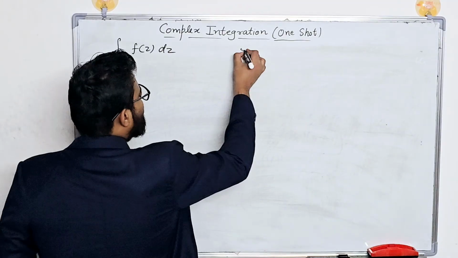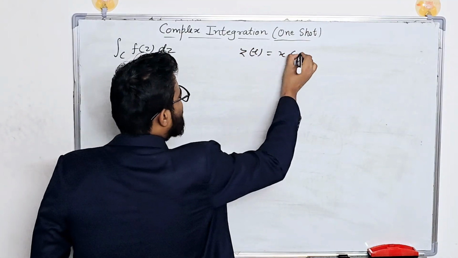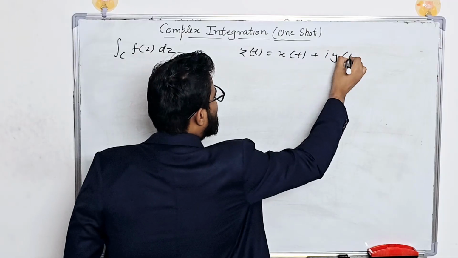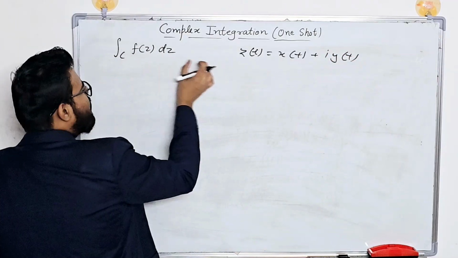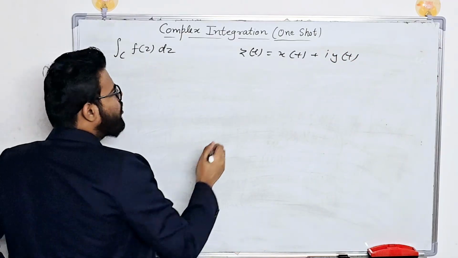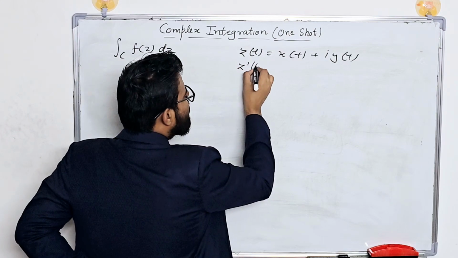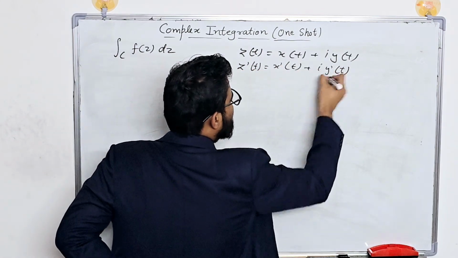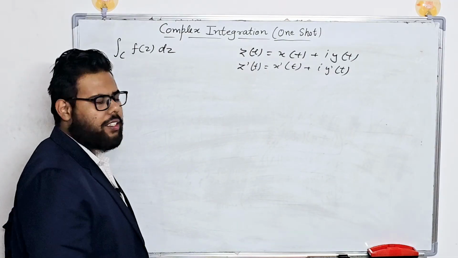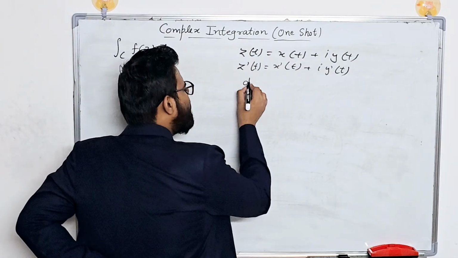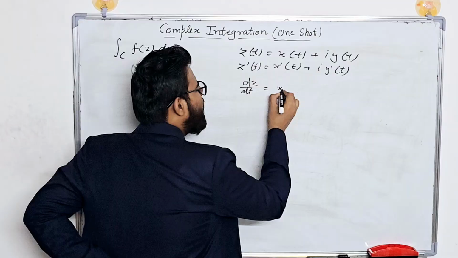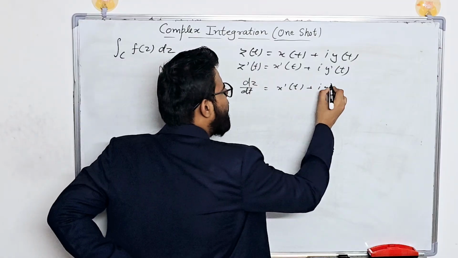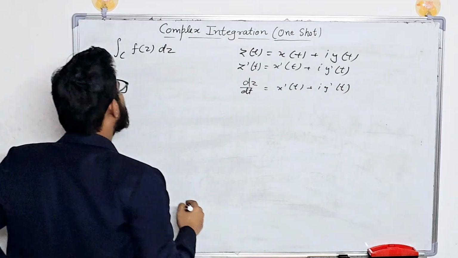Now we all know that z of t was equal to x of t plus i y of t, right? So let's convert it into parameterized form. So z dash of t is x dash of t plus i y dash of t, right? Correct? Or you can say it as dz by dt is x dash of t plus i y dash of t, correct?